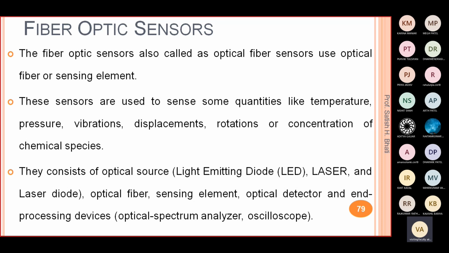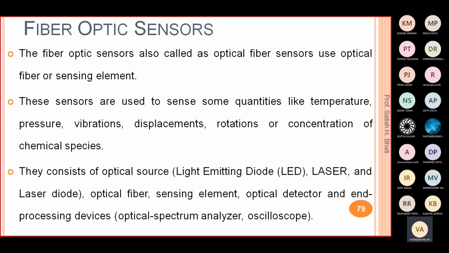These sensors are used to sense quantities or physical parameters like temperature, pressure, vibration, displacement, rotation, meaning tilt, or concentration of some chemical species. So fiber optic sensors are not sensors used to measure only one specific physical parameter, right?